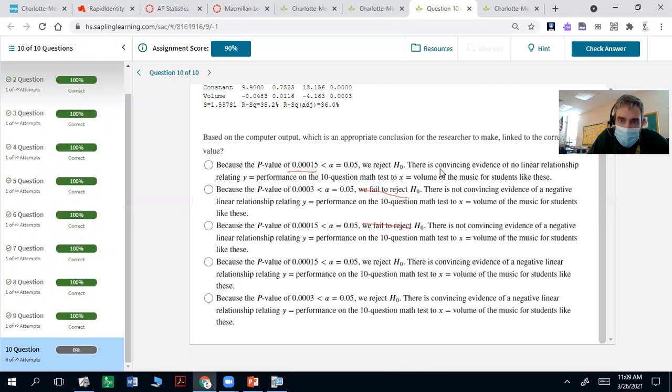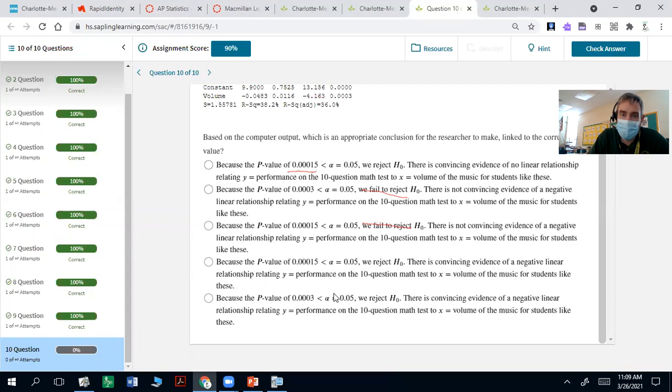Because the p-value of 0.00015 is less than alpha, we reject the null. There is convincing evidence of no linear relationship relating Y, the performance on the 10-question math test, to X, the volume of the music for students like these. Option D: because that p-value of 0.00015 is less than alpha, we reject the null. There's convincing evidence of a negative linear relationship relating Y equals the performance on the 10-question math test to X equals the volume of music for students like these.